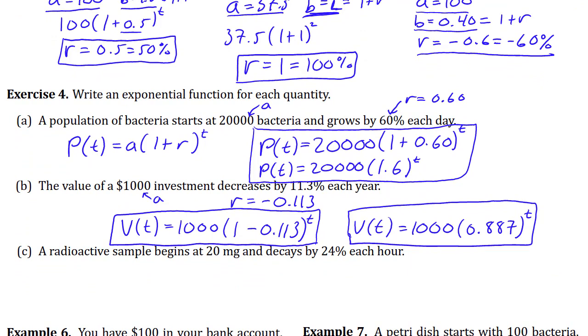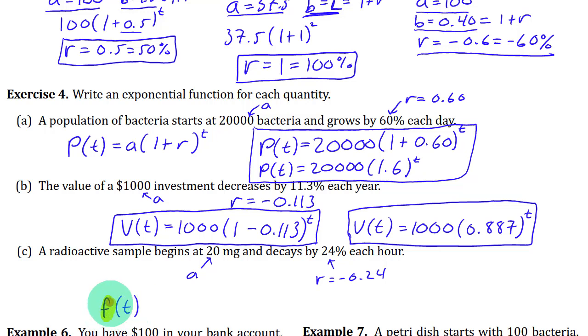Alright, so here we have a radioactive sample that begins at 20 milligrams, so that's your initial value. And if it decays by 24%, that means R is negative 0.24. So we could write this as f of t.